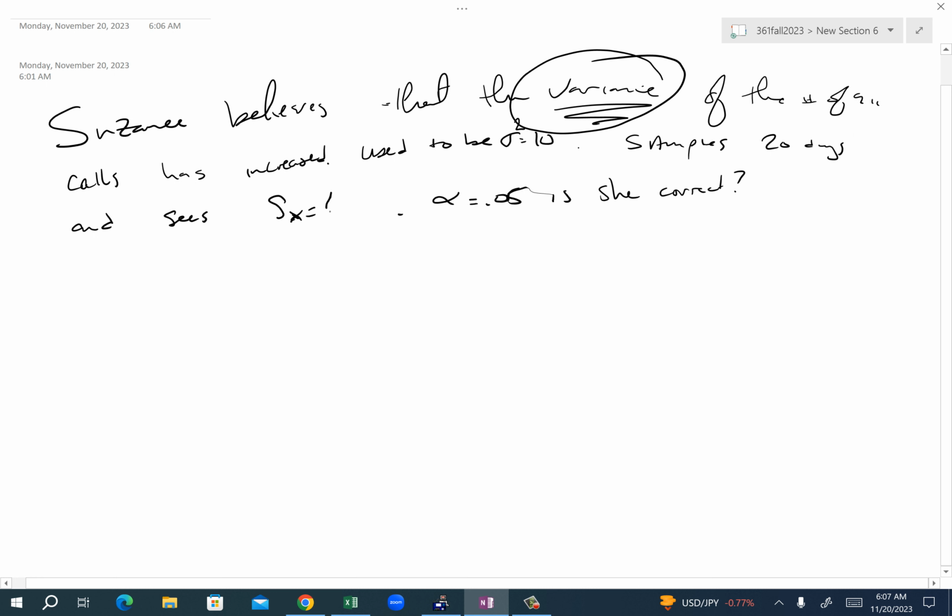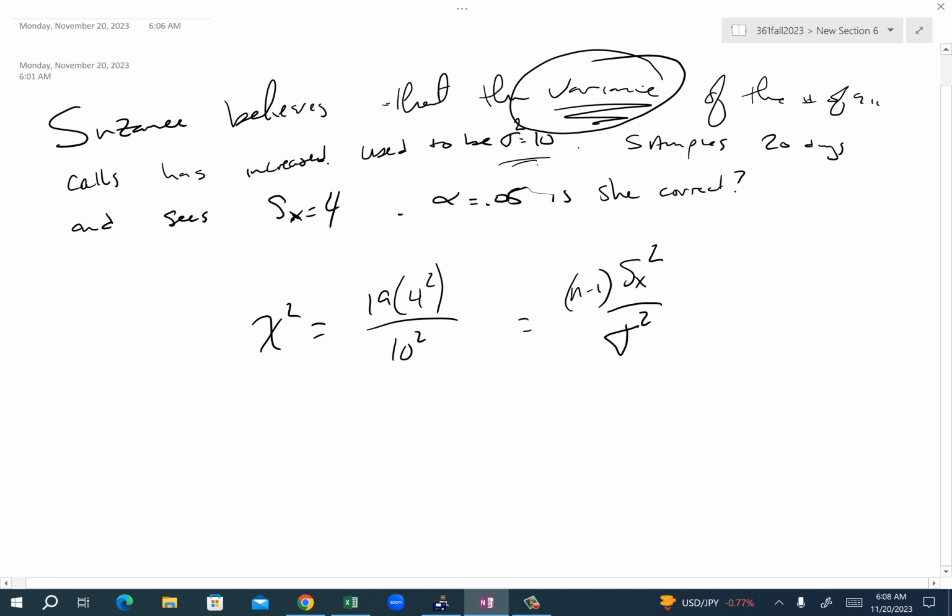You may be told this, and you're like, oh, right on. So this is what happens. Chi-square equals still 19, times 4 squared, over 10 squared. Uh-oh. Remember, it is Sx squared over sigma squared, and what I just did is give you sigma squared. So don't square it again. Make sense? Pay attention to that. Be heads up to that.